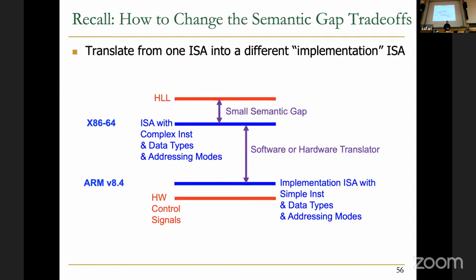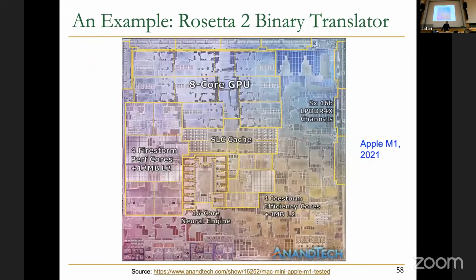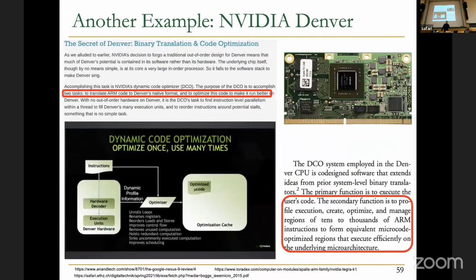So a combination of them. And this idea has been used in different systems in the past, like in Rosetta and also in NVIDIA Denver. I'm not going to read all of these sentences; you can read them later if you are interested. But it's always good to know the history.